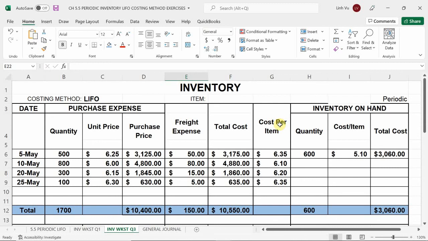May 25th, that's correct, because in this case, we purchased things after we had our beginning inventory.